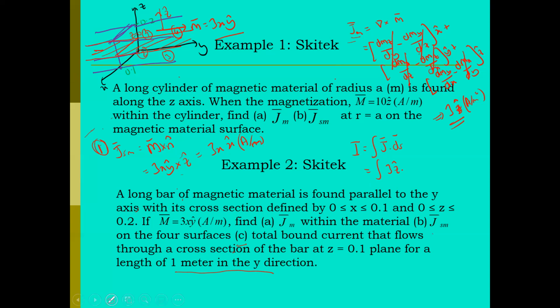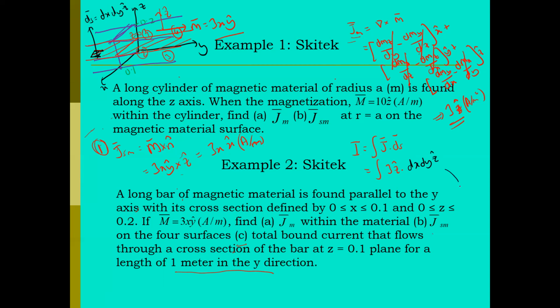I can sketch that my ds will be on this particular surface, and my ds should be equal to dx dy in the direction of z, similar to the direction of the unit vector.